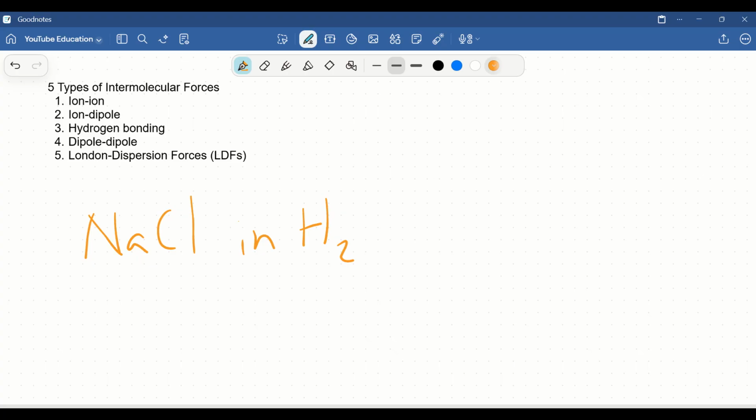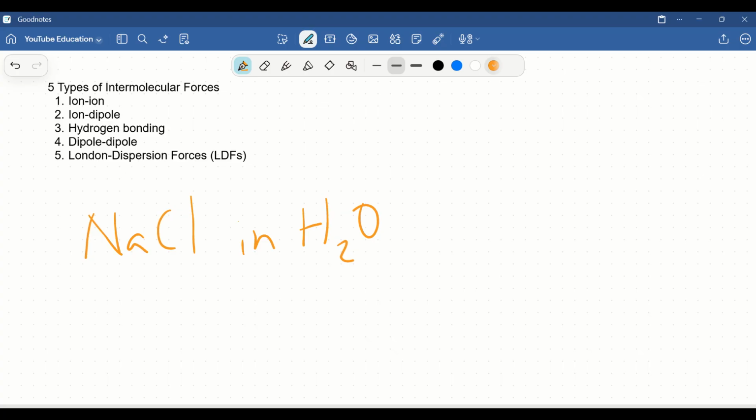The other intermolecular forces, we were able to get away with it being just one molecule, so we were able to talk about the intermolecular forces in water, the intermolecular forces in formaldehyde, but now, in order for ion-dipole to exist, we need an ionic compound and a polar solvent. So if I just had NaCl, we would have ion-ion. However, if I have an ionic compound and a polar solvent, NaCl and water, I get ion-dipole forces.